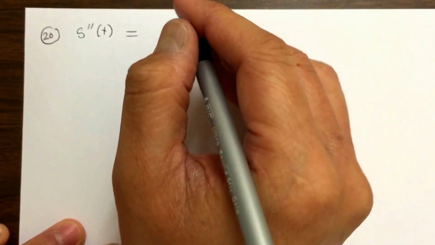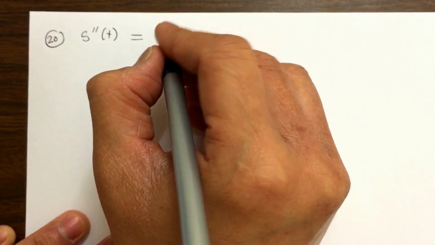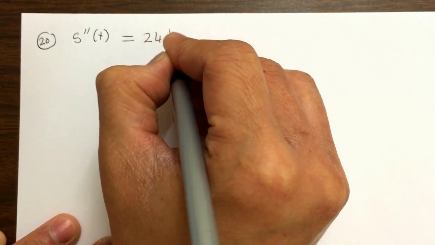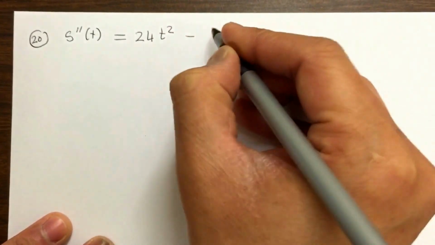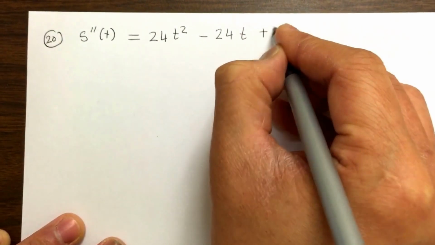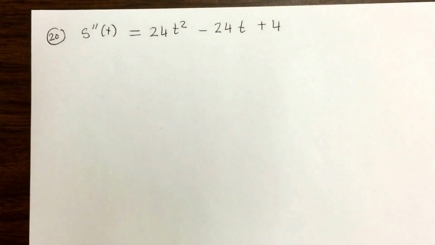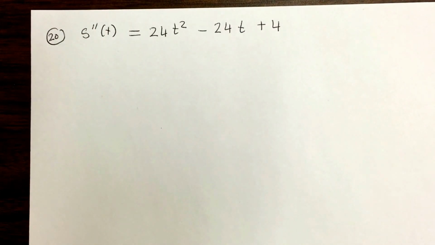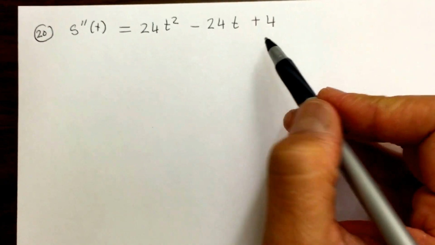Once we know the first derivative, go ahead and take the second derivative, and that gives you the acceleration function. And this is the acceleration function.